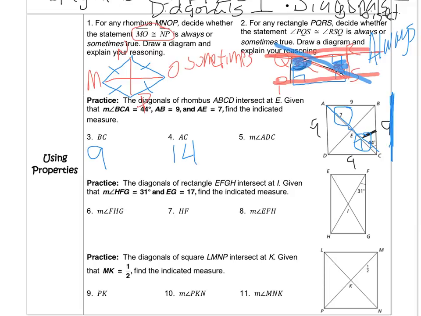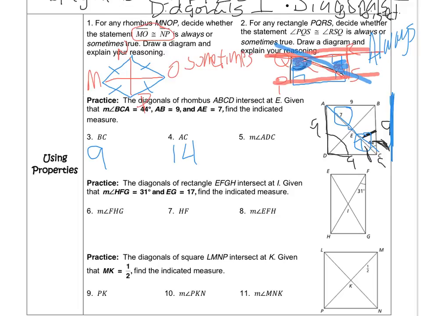Next, they want us to find angle ADC. So they want us to find this whole thing there. Well, remember what I told you about what the diagonals of a rhombus do? The diagonals bisect an angle. Originally they told us that this angle right there is 44. So isn't this side also 44?